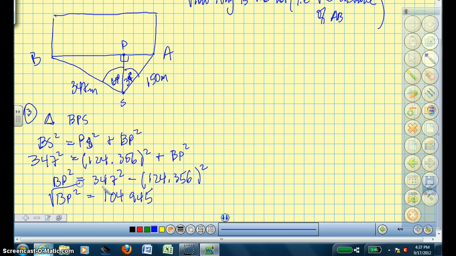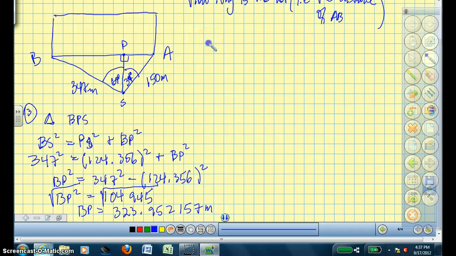Again, I take the square root of both sides, and BP is equal to 323.952157 meters.